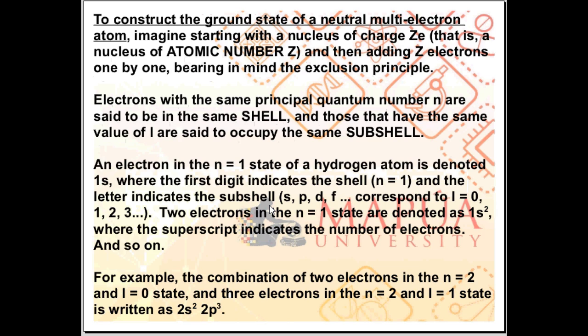Electrons with the same principal quantum number n are said to be in the same shell, and those that have the same value of L are said to occupy the same subshell. So n is the shell, L is the subshell.